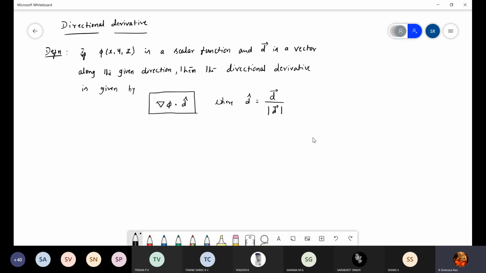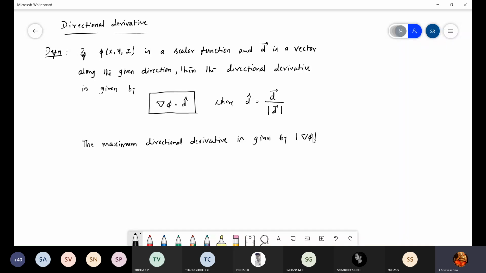Okay, next line, one more simple formula, the maximum directional derivative is given by magnitude of grad phi. So this is a simple formula.